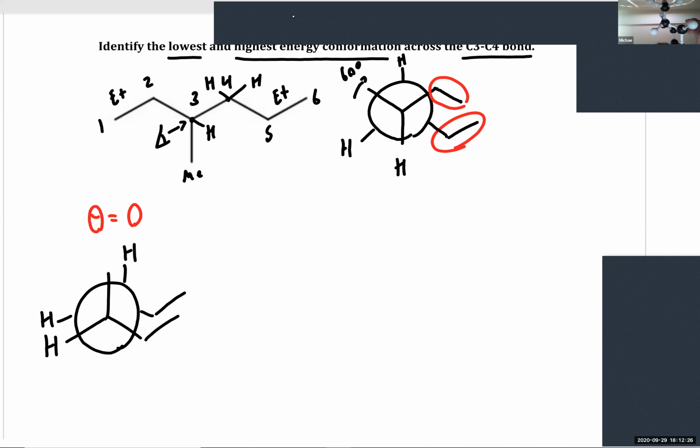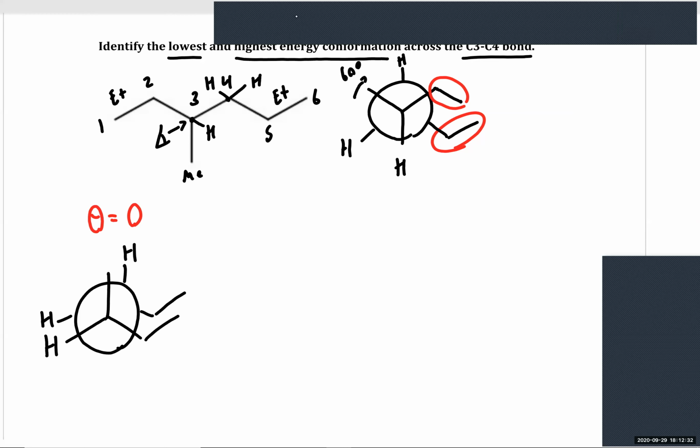Now I'm going to assess the interactions. So I have an ethyl-ethyl interaction. If we had to guess, based on the fact that a methyl-methyl interaction is around 11 kilojoules, what would we expect an ethyl-ethyl interaction to be if they're eclipsed?